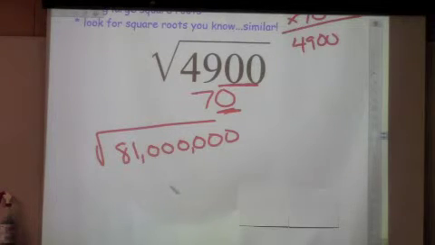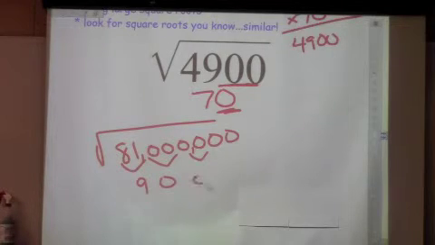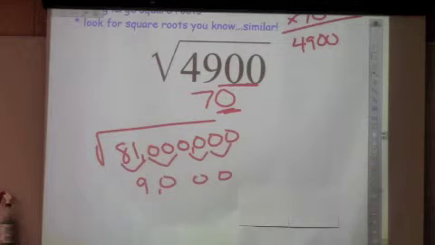Not 90 million. 9,000. Square root of 81 is? 9. To create 2 zeros, I need 1 zero. There it is. Square root of 81 million is 9,000. So just little tricks you can use to make square roots a whole lot simpler. Okay?